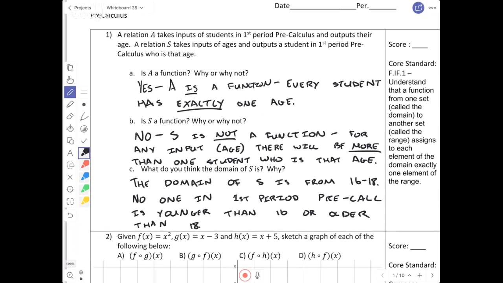And of course, the domain is the set of inputs that have real outputs. So if you picked 13, no one in PreCalc is 13, so it wouldn't have a corresponding output. Therefore, it would not be in the domain.